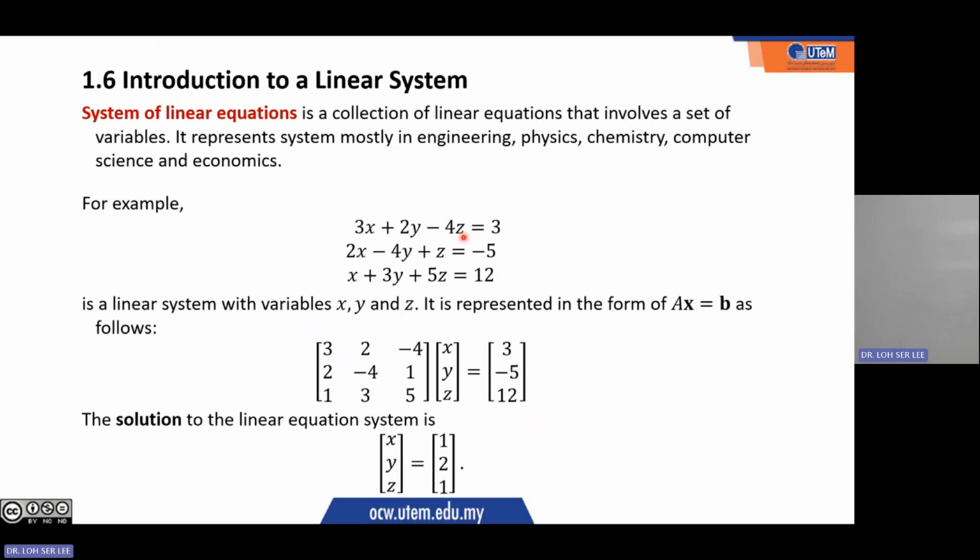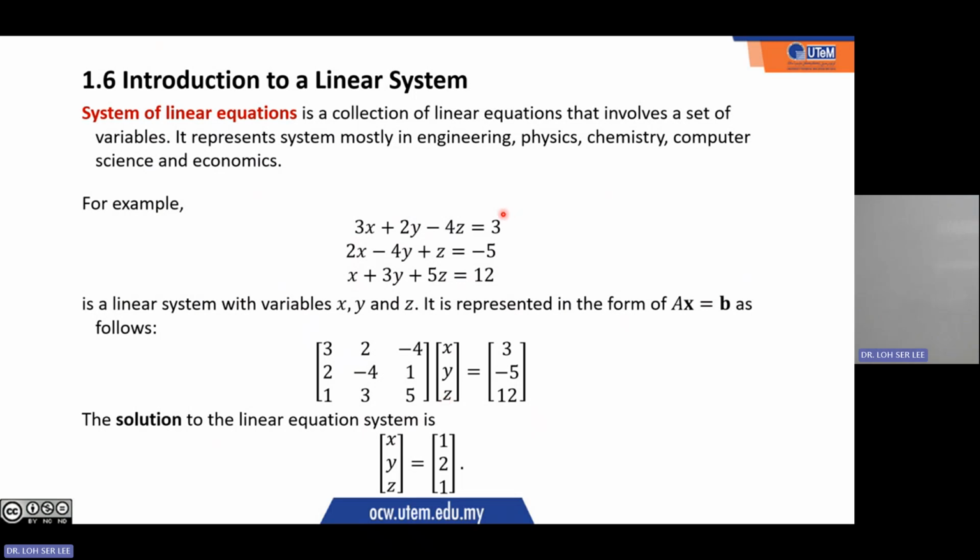Then you extract the coefficients of x, y, z. So 3, 2, negative 4; 2, negative 4, 1; and 1, 3, 5. And the variables x, y, z, you put here.